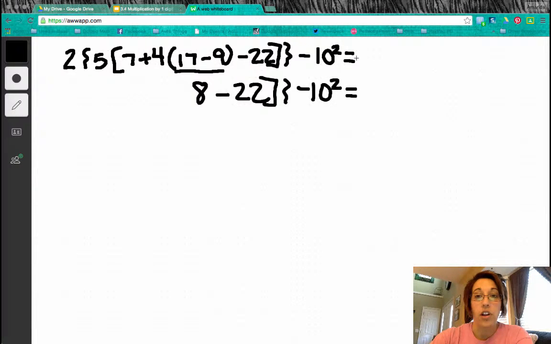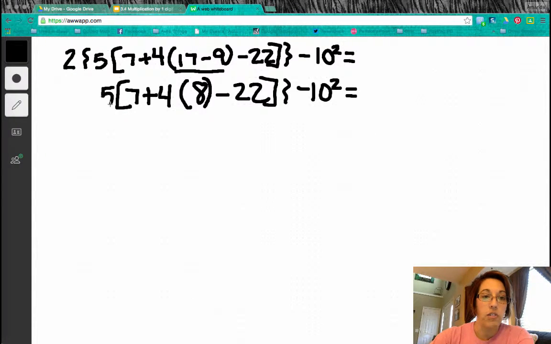Making sure our equal signs line up. I noticed that there's not a sign over here. I know that that means multiply, so I'm going to leave my parentheses around that 8 so that I know that in just a few when I get to that step.